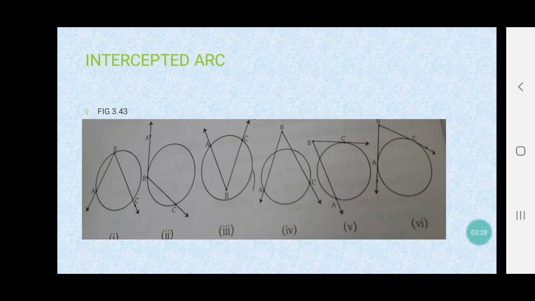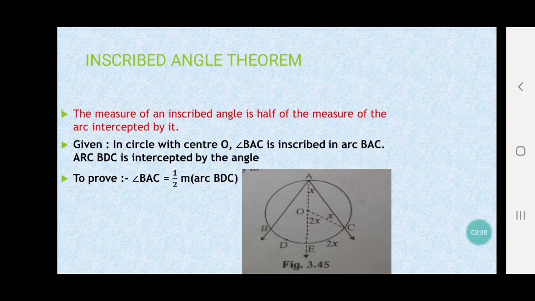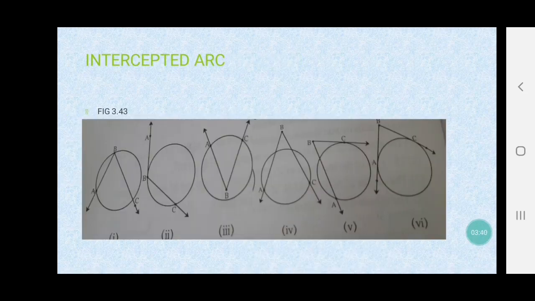Next figure, what you see is angle ABC is just touching the circle at points A and C, and still the 2 arcs have been intercepted. The 2 arcs which have been intercepted are this one, first AC, and the next AC. One is the bigger one and the other is the smaller one.